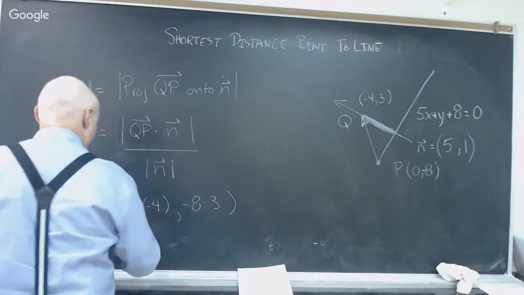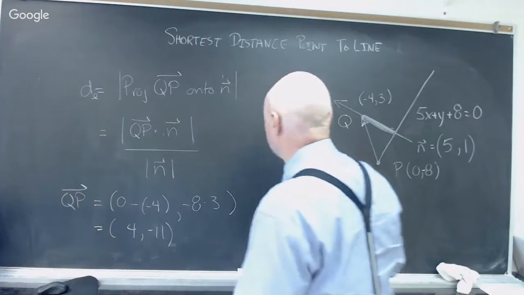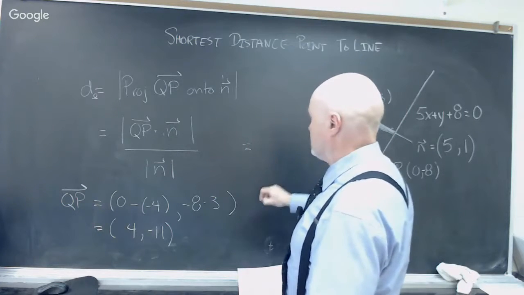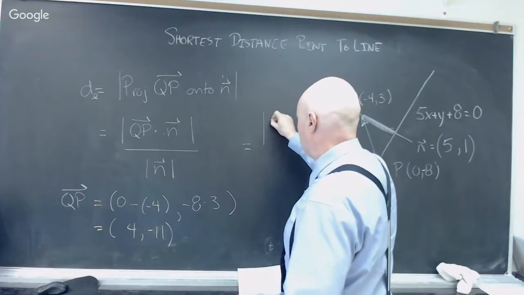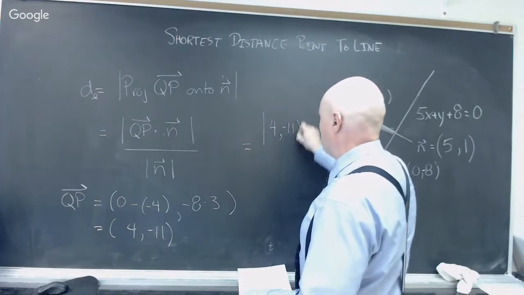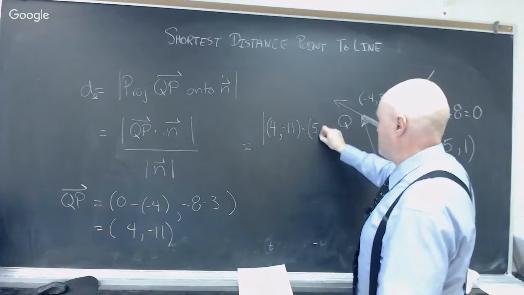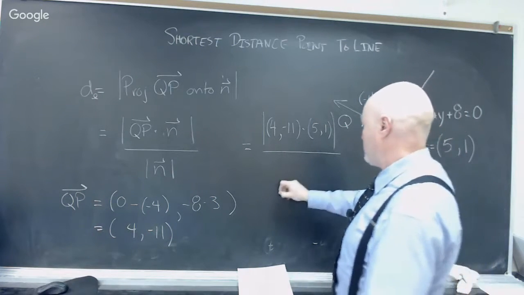And so QP is (4, -11). My normal vector, I know what it is already. And so QP dot n is 4 times 5 plus -11 times 1, and that's going to be divided by the magnitude of n.